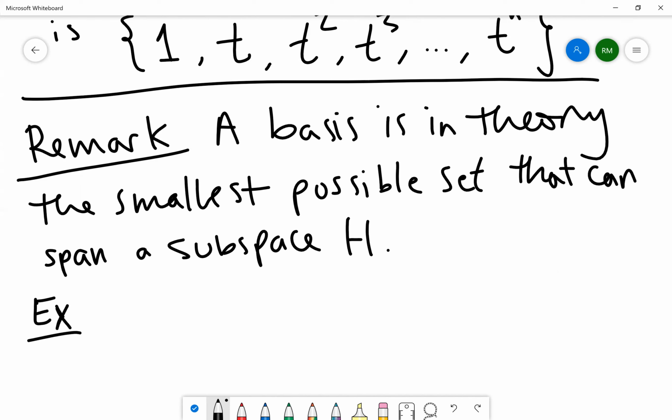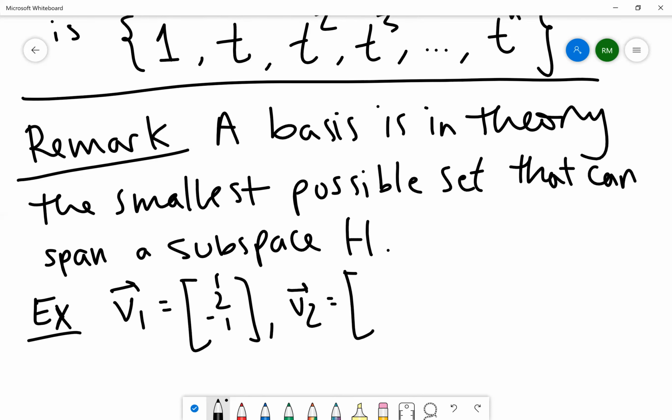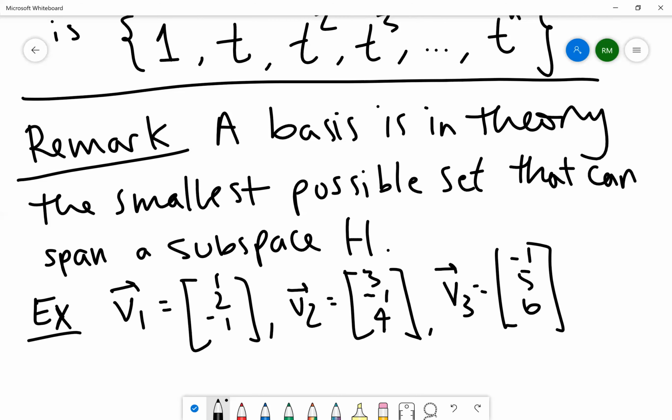Okay, so we have 3 vectors, v1, v2 is (3, -1, 4), and v3 is (-1, 5, 6).